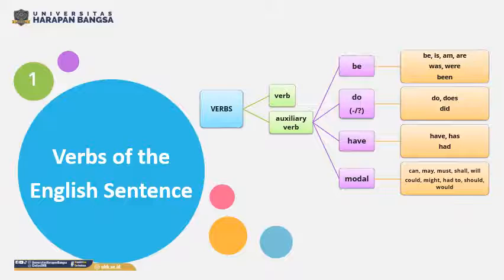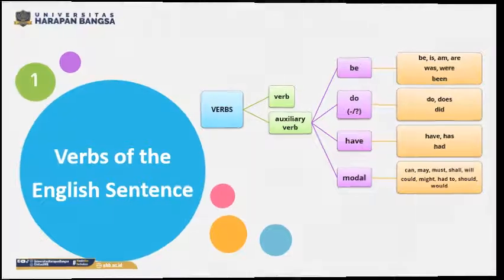For example, I can study English. I must study hard. Will you marry me? Next, for example, I could come to the party last night. Would you go to library?